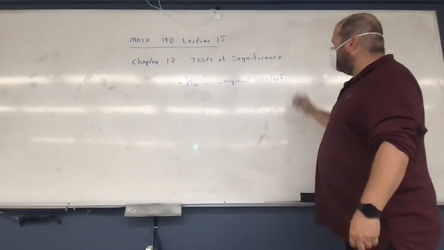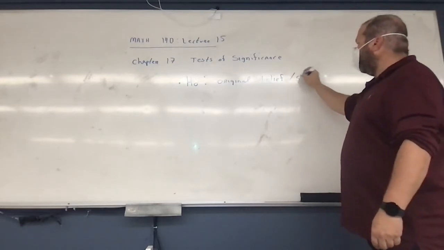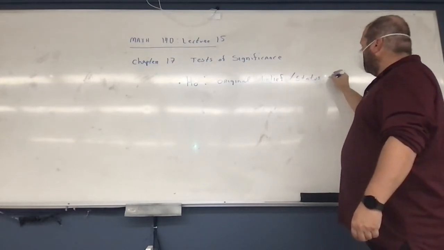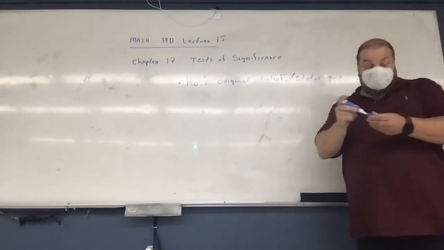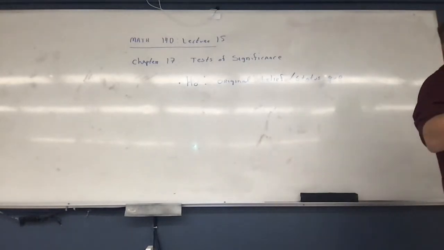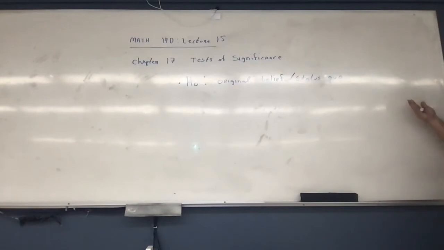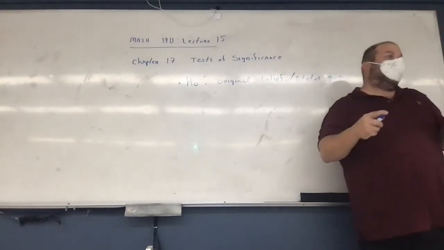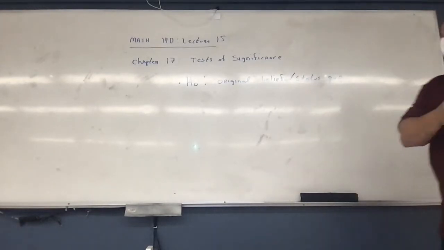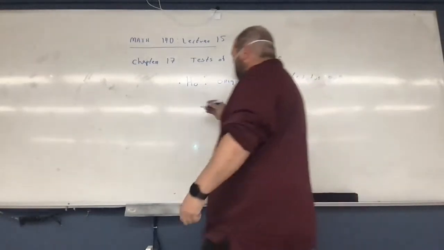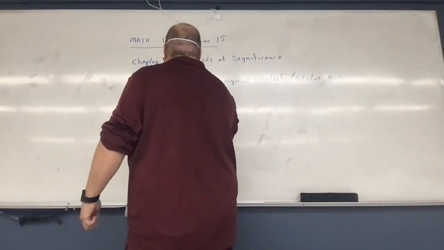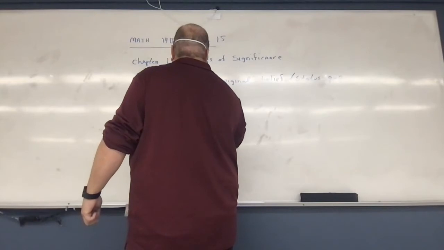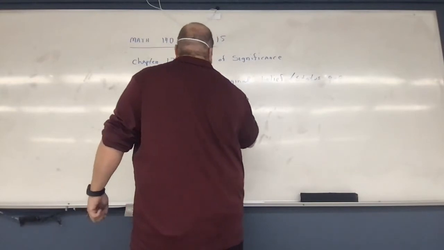You have the original belief, or you have the status quo. In other words, up until now, what did I think it was? What would it be if there was no change? And then you have what's called the alternative hypothesis, labeled either HA or H1, depending on the book that you're using.